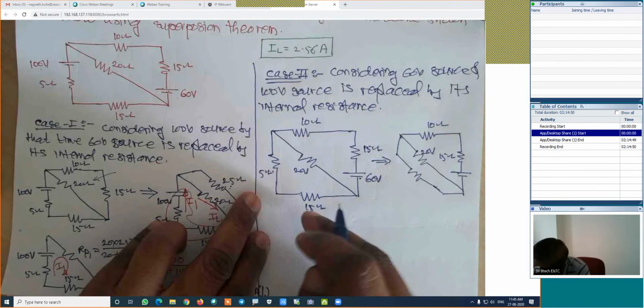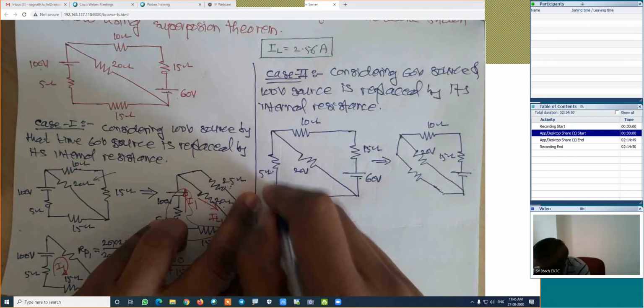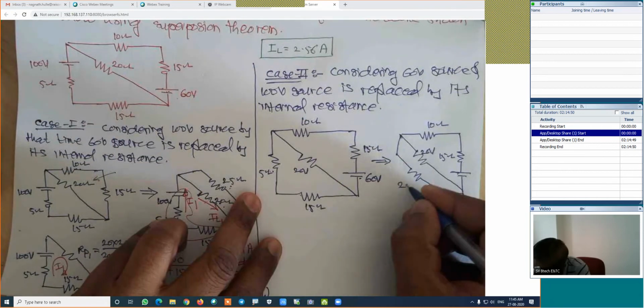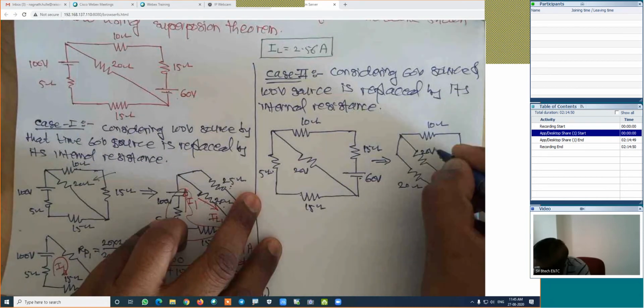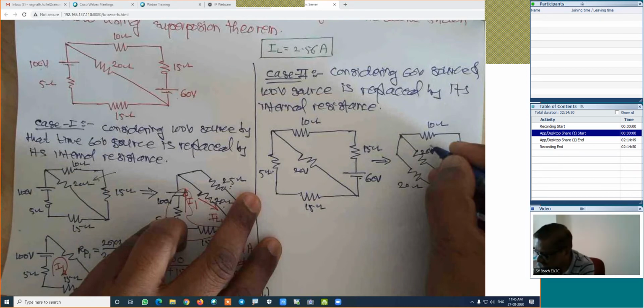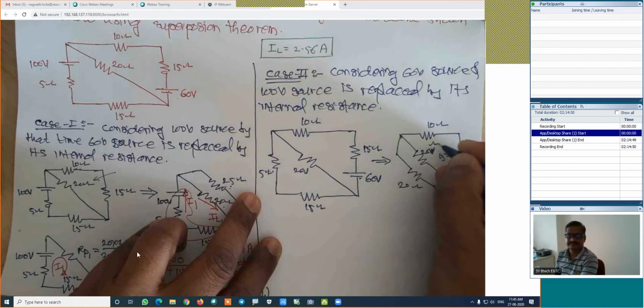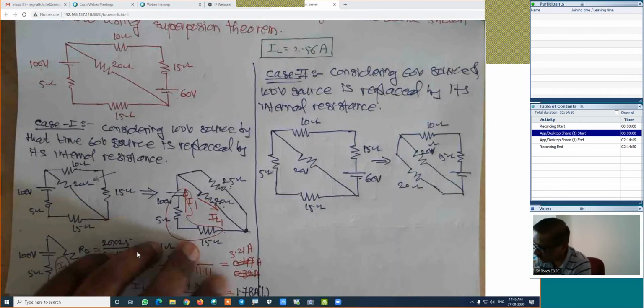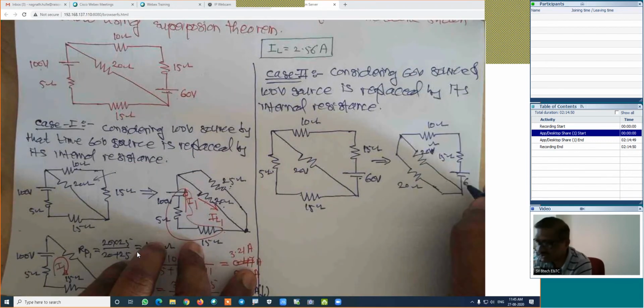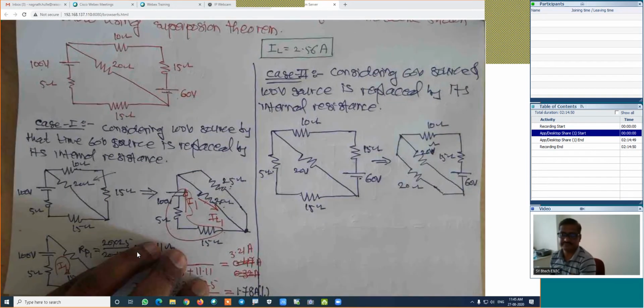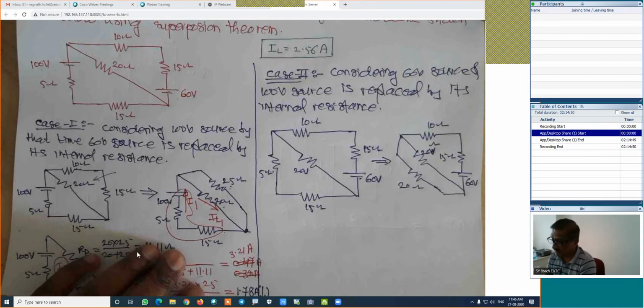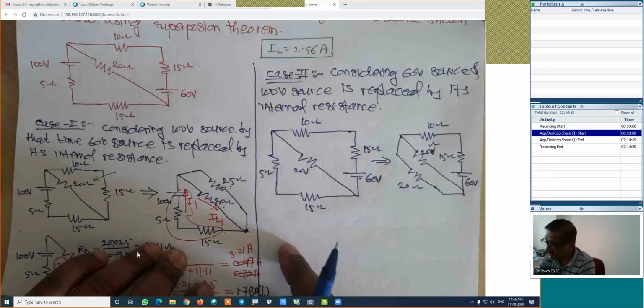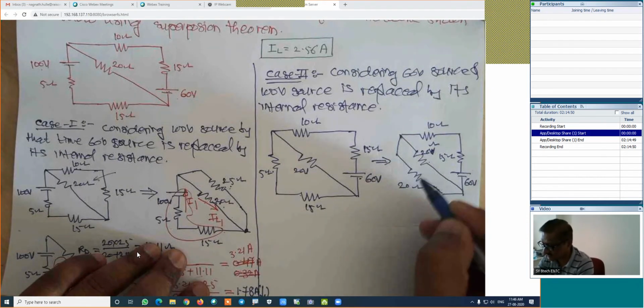And this 5 plus 10, 5 plus 15 is 20 ohm. Sorry, this is ohm. And the source is 60 volt. Is it right? Now I will draw its next figure because these two are in parallel combination.